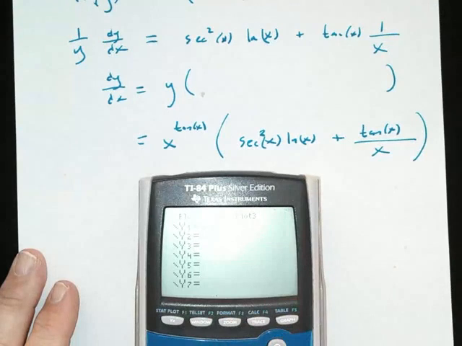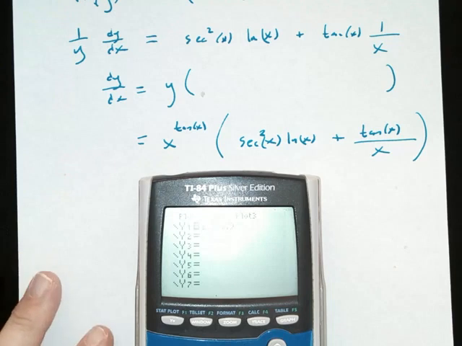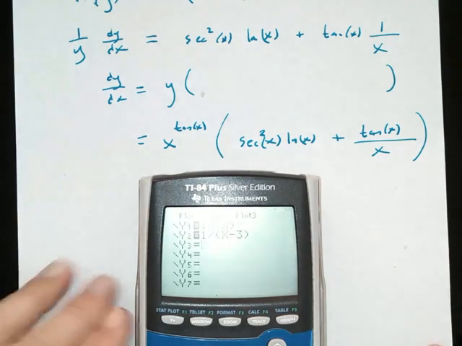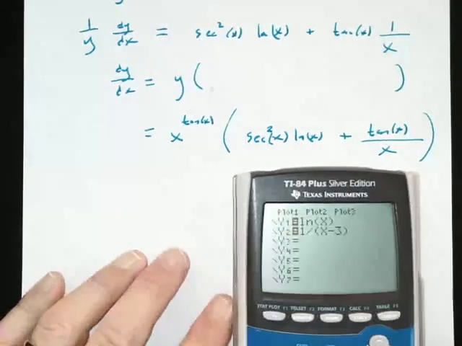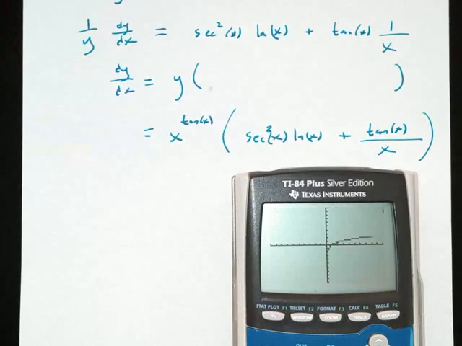ln of x equals 1 over x minus 3. Remember your parentheses when doing that because you want the whole quantity in the denominator. Back to the standard window. Although I know ln of x only exists when x is bigger than 0, so I really only have to worry about this on the right-hand side.